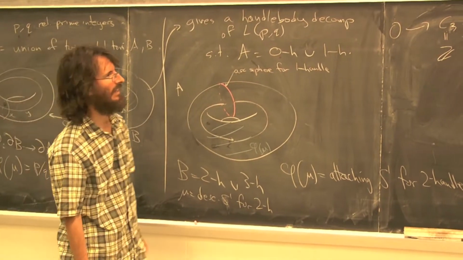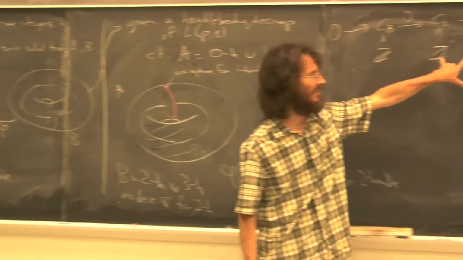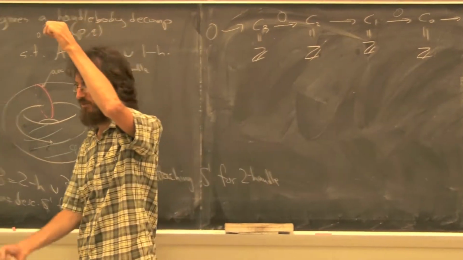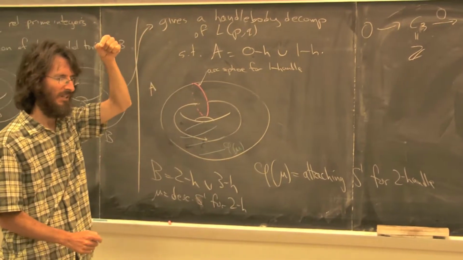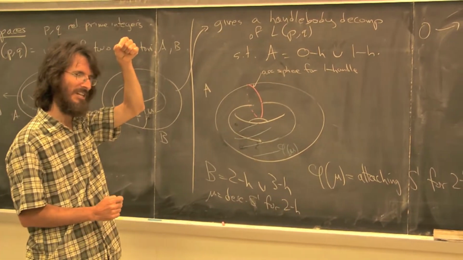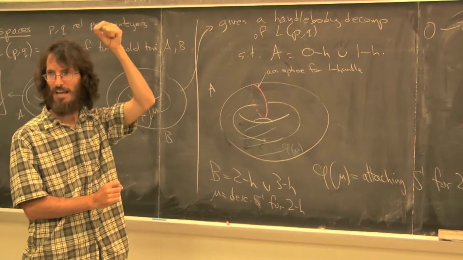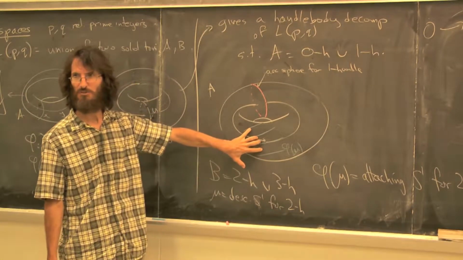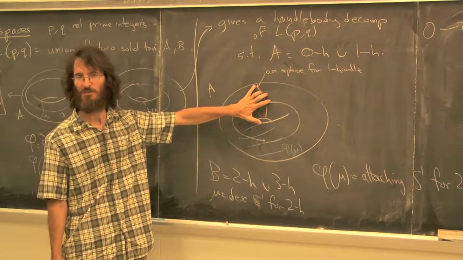There's 2 of them, so they cancel with opposite signs. The only thing we need to know is how many flow lines there are from the index 2 critical point to the index 1 critical point, which means we need to count the intersection in the middle level set of the ascending and descending manifolds, which is precisely the intersection of this blue curve with the red curve. And that's all we have to count.